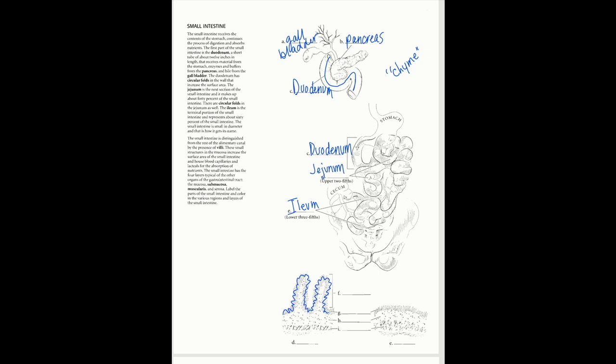Okay? And so the larger portion shown here in F is called the circular fold. G are little finger-like projections called villi. And again, these villi are going to help increase surface area so that we can absorb more nutrients within our small intestine. Below that, we have our submucosa.